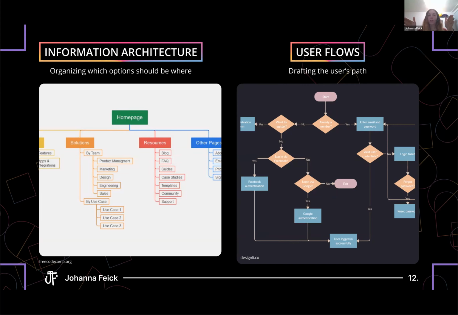So here you either have your registered user, or you have your users that still have to register. That's one branch. And the user flow helps you draft this path that the user takes. And it helps you again to organize your thoughts and to identify what types of screens you need.